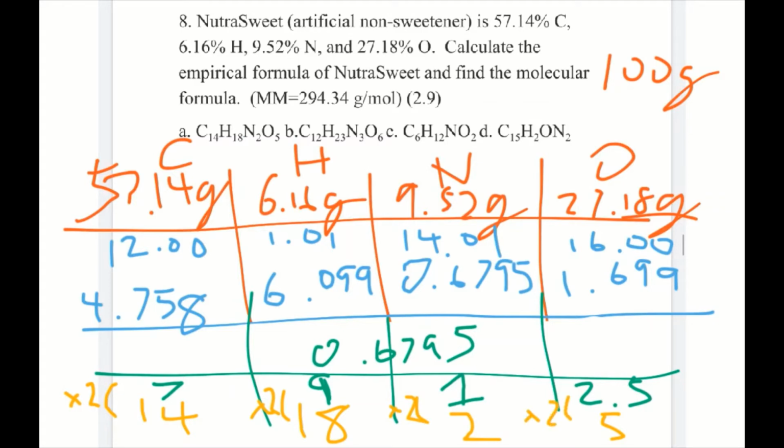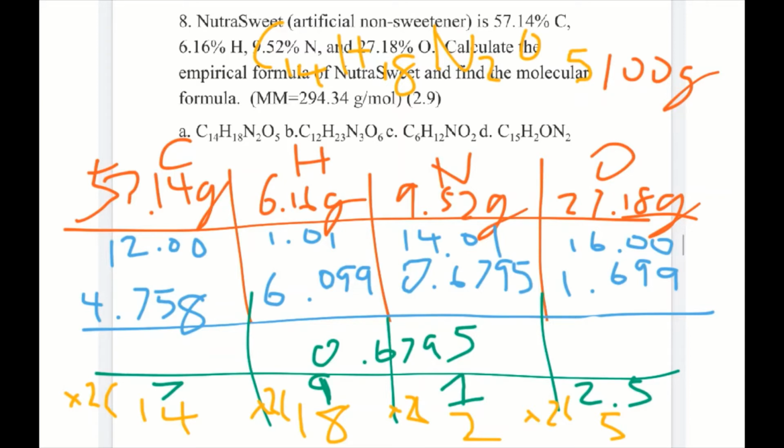So C14, H18, and N2O5 is our empirical formula. So let me write that. C14, H18, and N2O5.